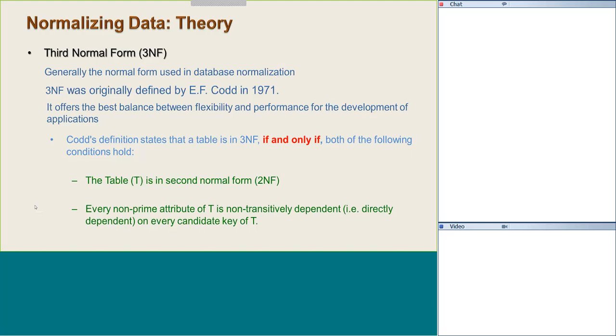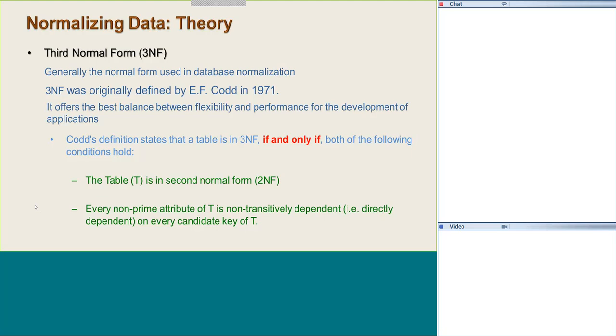Now, this is a very subtle variation or upgrade from second normal form. It's saying that the attributes must be completely directly dependent on the entire key, not just part of it.